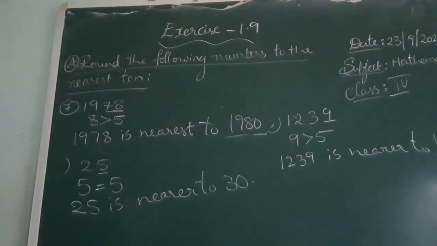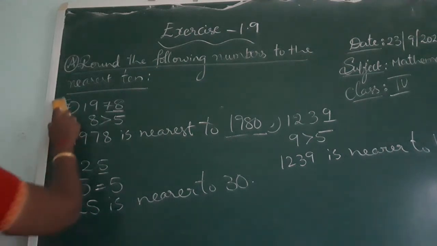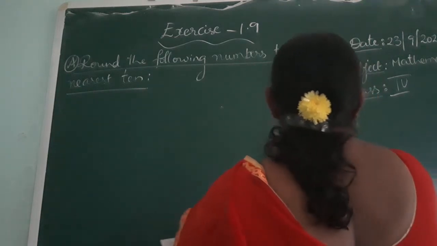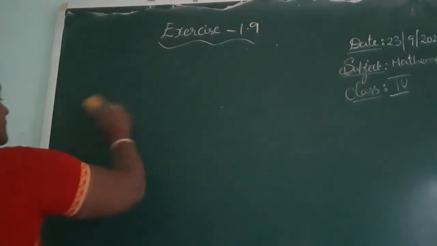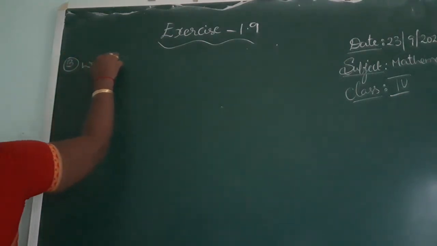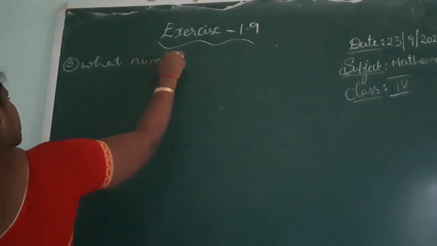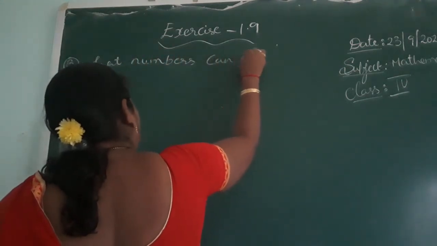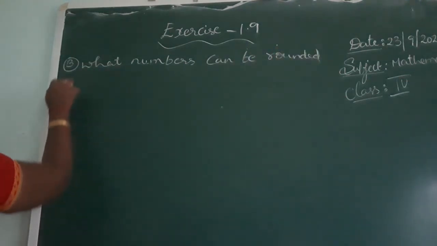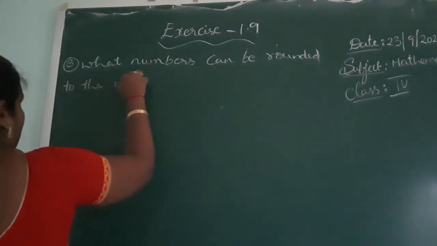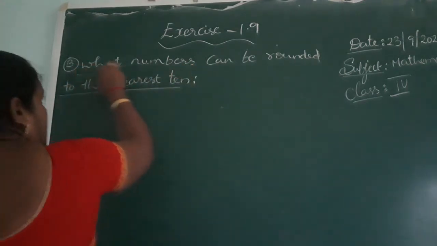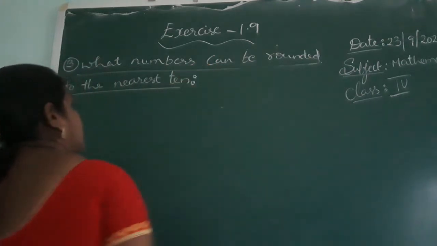Next, part B in Roman numerals. What numbers can be rounded to the nearest 10?